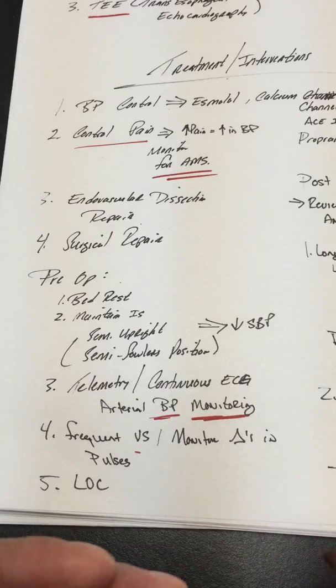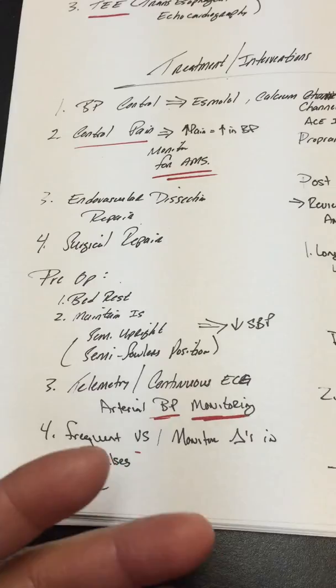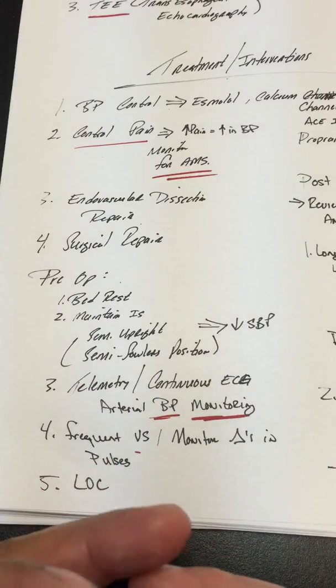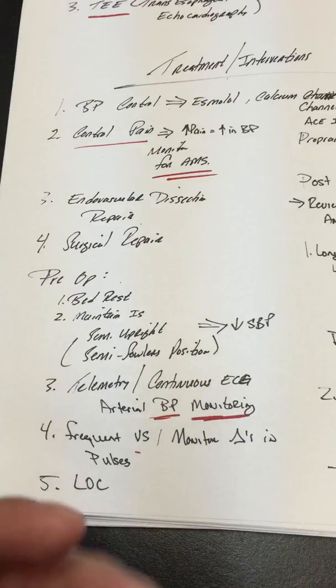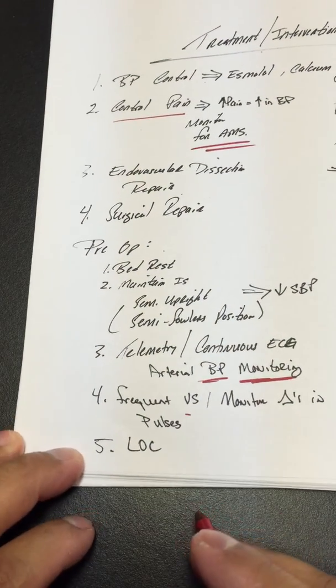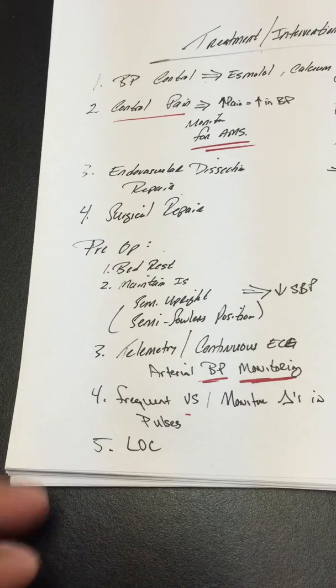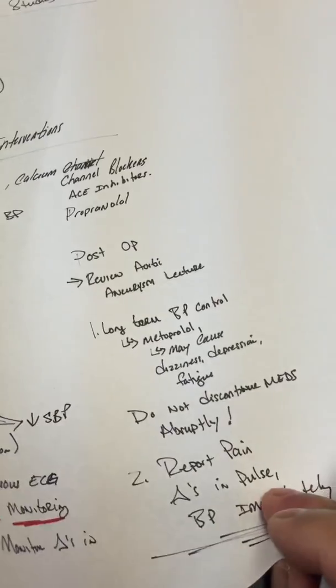Again, is it changing drastically in the right arm or the left arm? If it is a descending aortic dissection, you also want to assess femoral pulses. Are there any changes there? Number 5, you always again want to assess the level of consciousness. That is pre-op.